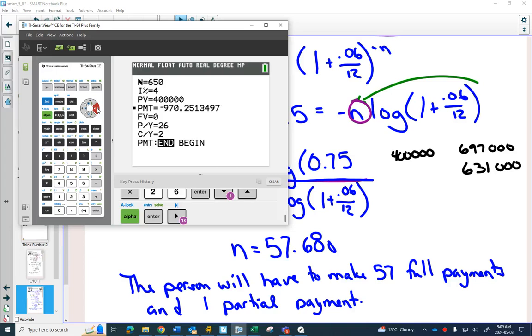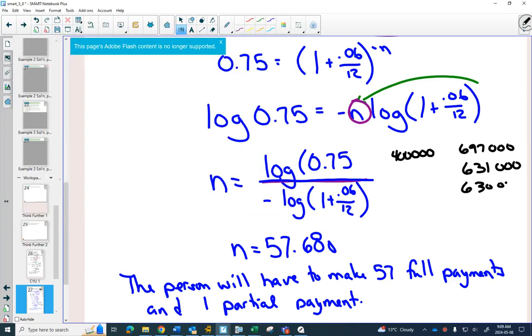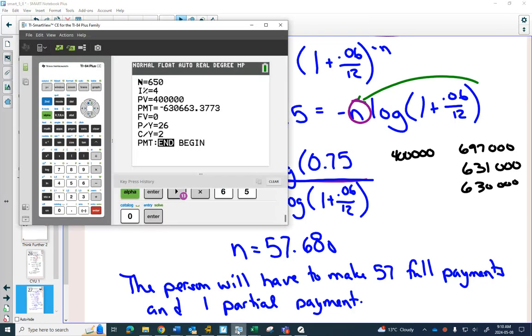But now if I take this and multiply by 650, so it's just a small change. I decided to pay every 2 weeks instead of every month. I knocked off an extra $1,000. Again, little things can be significant.